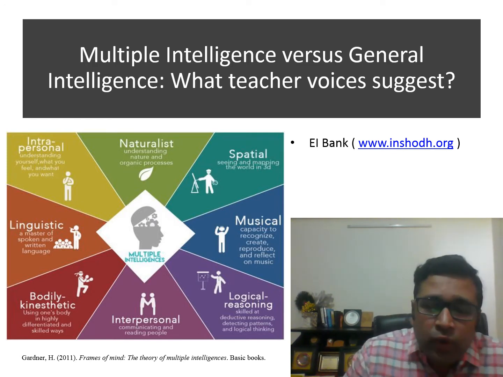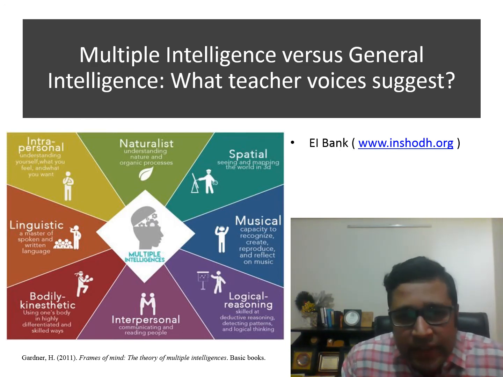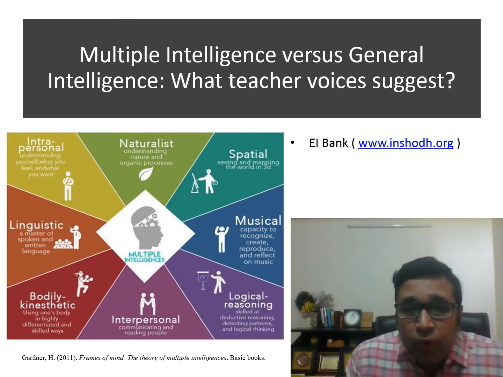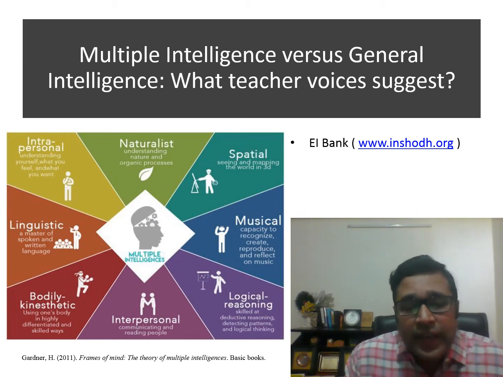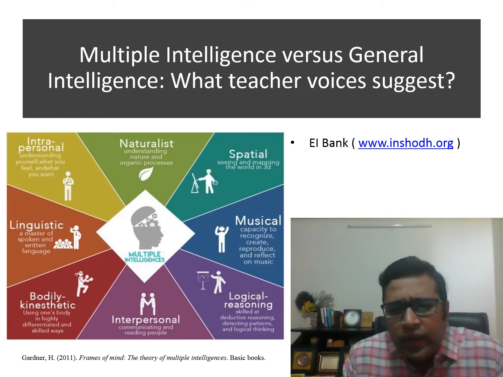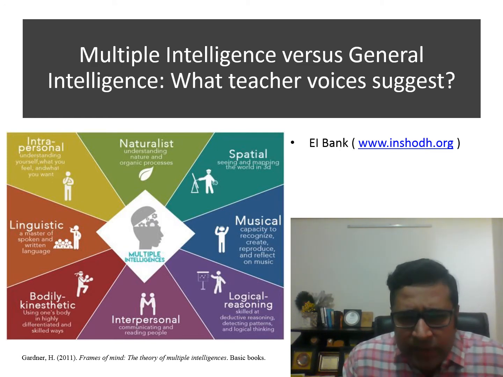We also have to understand intelligences such as spatial, such as seeing and mapping the world in 3D. For example, we can take Lisa Randall, a physicist who proposes 13 dimensions in string theory and all that.